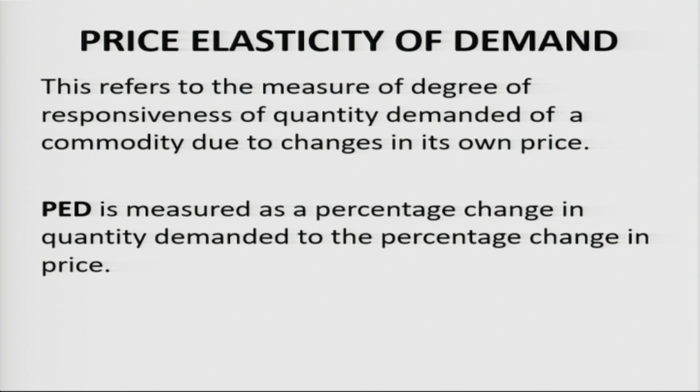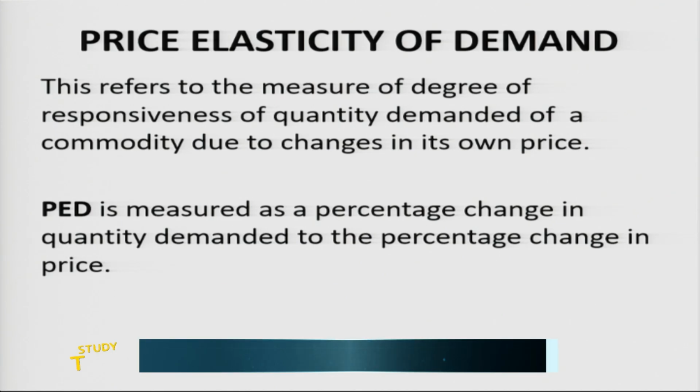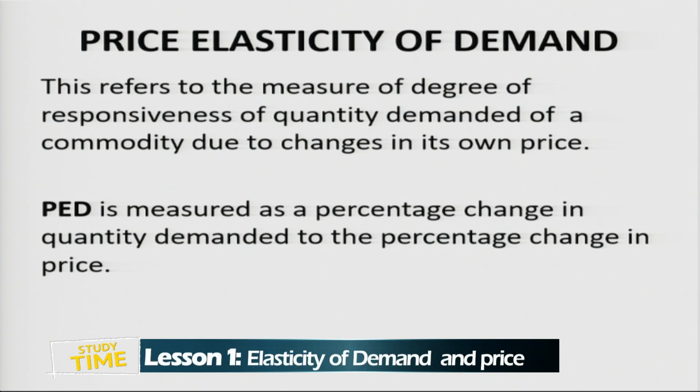As I've said, if we talk about beef, if its price changes from maybe 2,000 per kilogram to 3,000, we need to know the degree of reaction, the magnitude by which quantity demanded of beef will change. Will it remain constant? Will it reduce? Will it increase? So we need to know that.